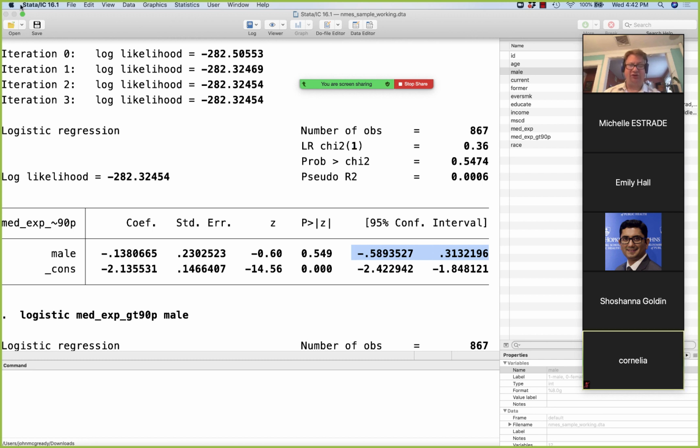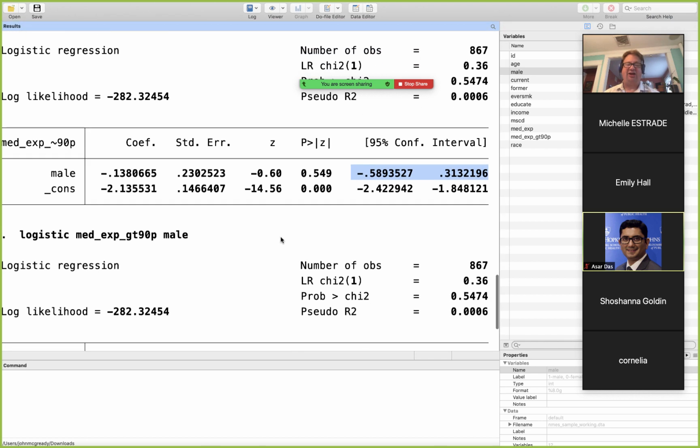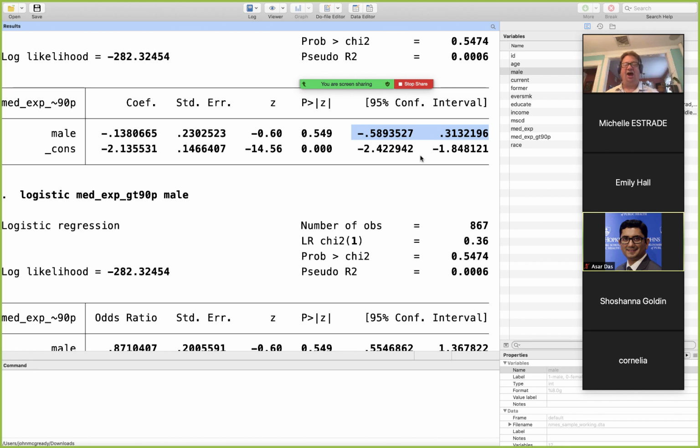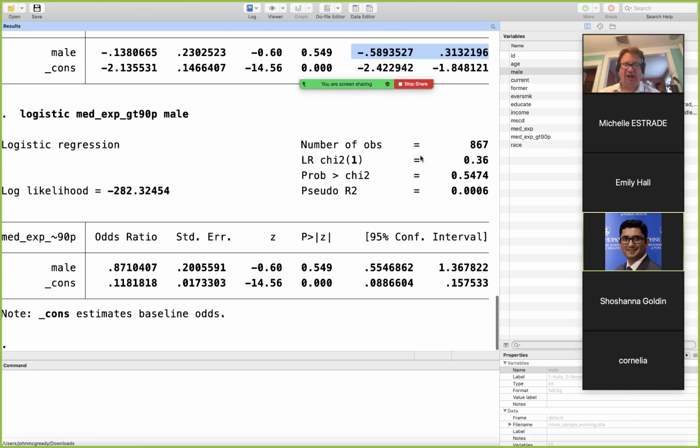Yes, it does. Which means when we transfer this to the ratio scale, what would be the null value on the ratio scale? If two things I'm comparing are the same, then their ratio is 1, right? So the antilog, or exponentiated version, of 0 is 1, and we notice that 1 is in the confidence interval on the ratio scale. So this is all good.